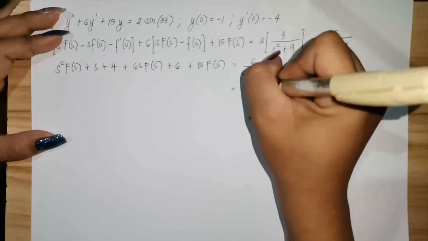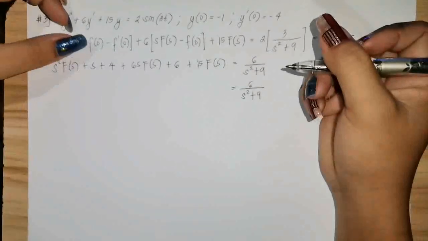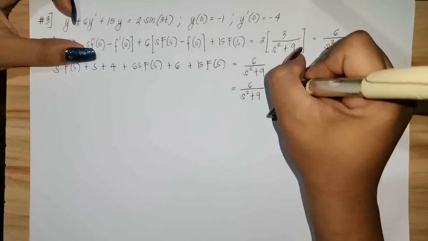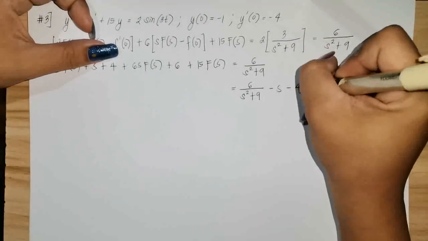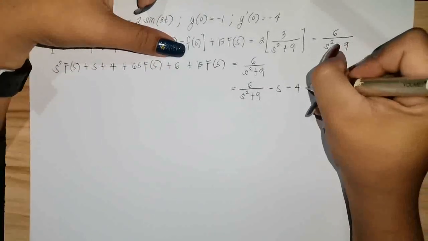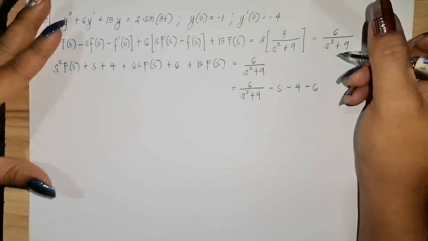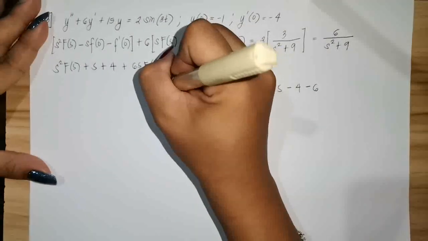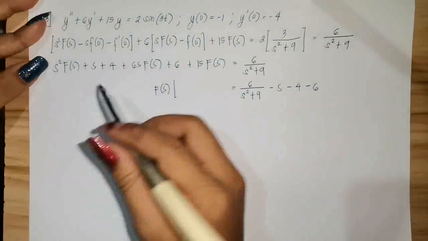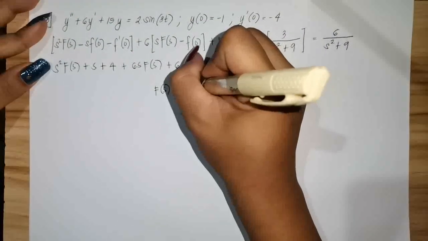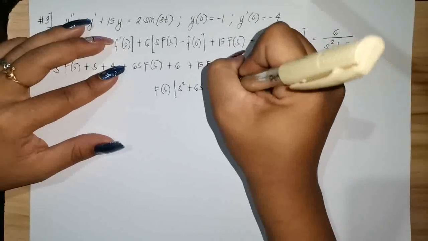So that will be 6 over s squared plus 9. First is s, so that's minus s. Next is 4, that's minus 4. Next is 6, that's minus 6. So, si f of s, factor out. Ang matitira ngayon is s squared plus 6s plus 15.